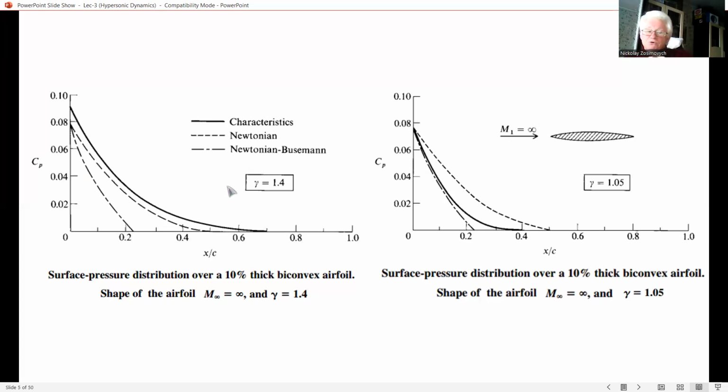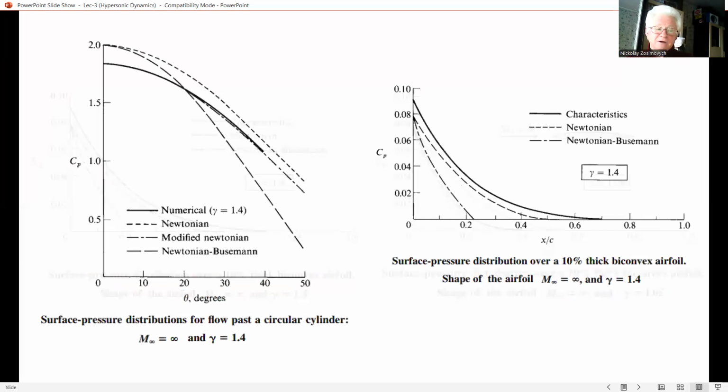In this case, we should not expect the full Newtonian theory, properly including centrifugal effects, to be accurate, as we have seen in previous figures.